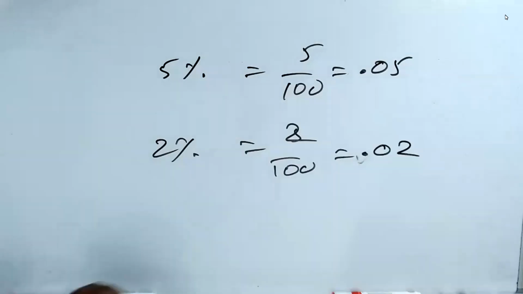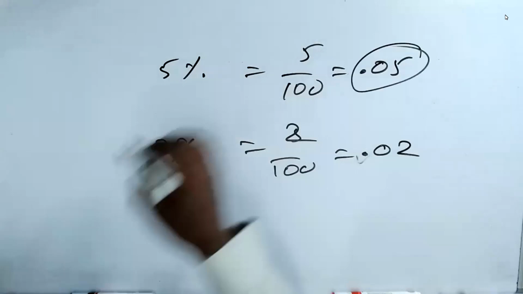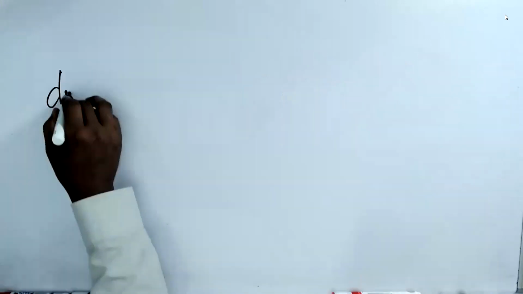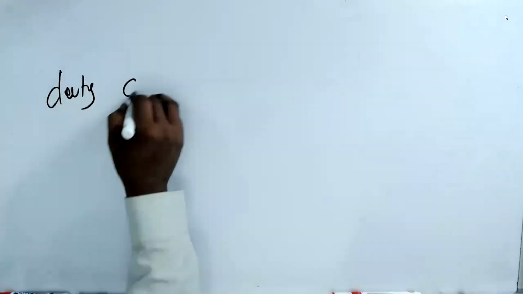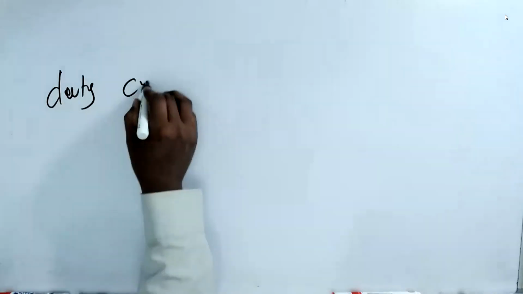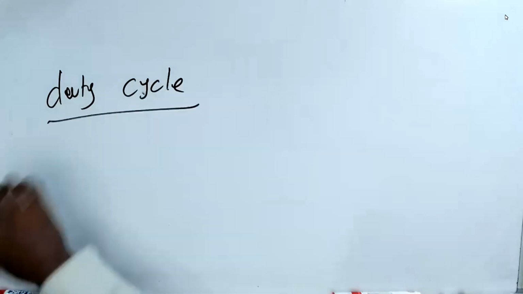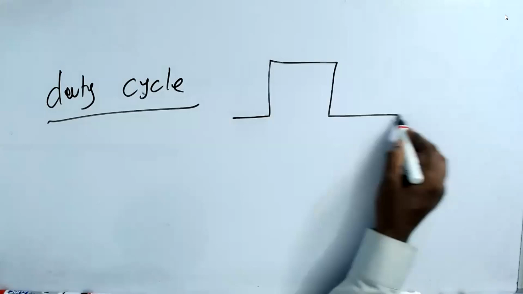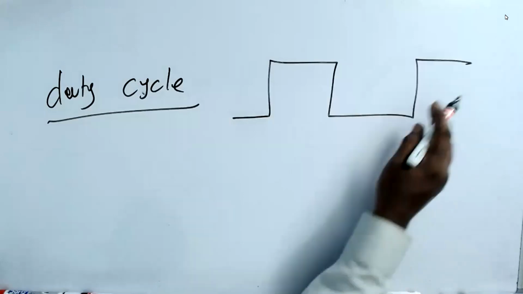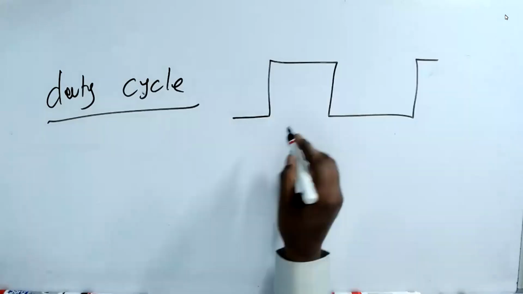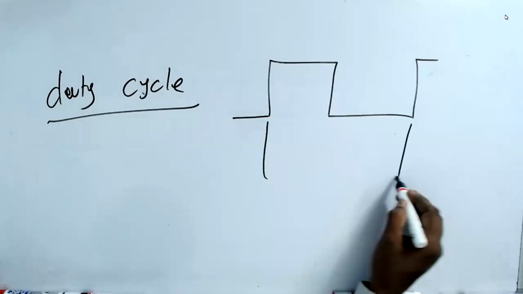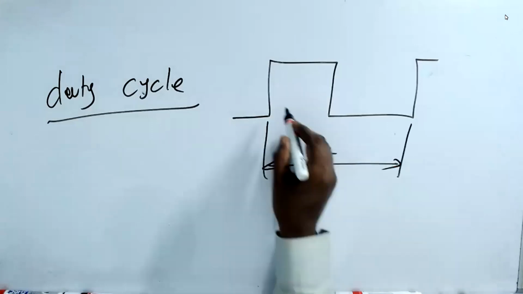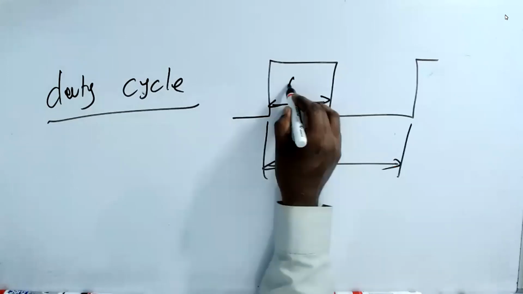Now, what is duty cycle? I have a waveform. I have a clock. In that, I have a signal. Now, this time is called T. This is called T on. This is called T off.